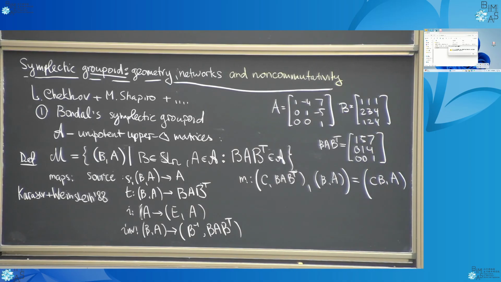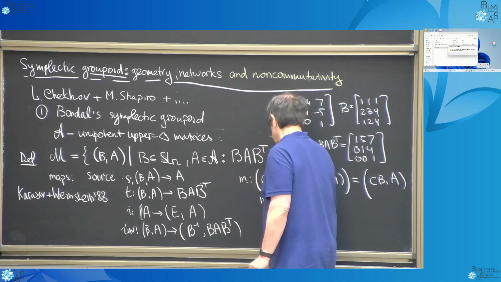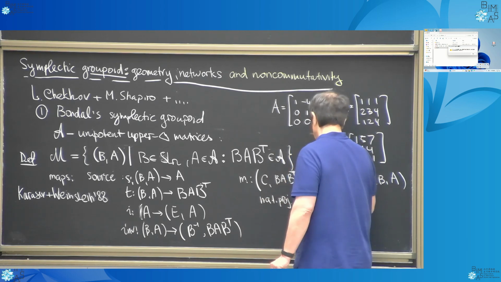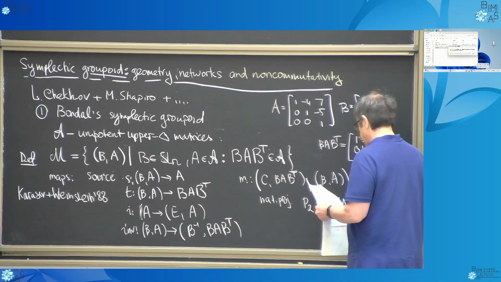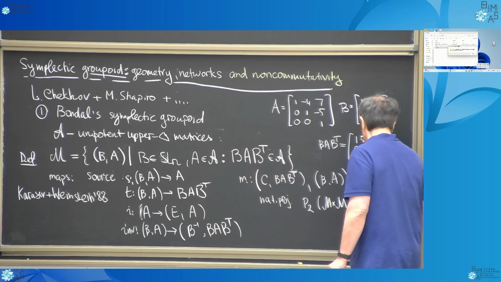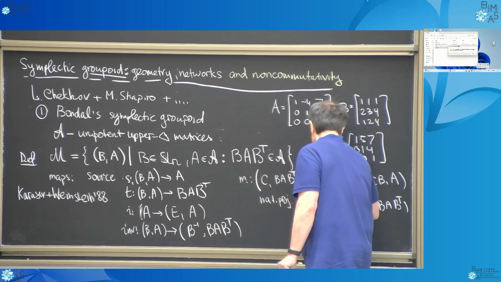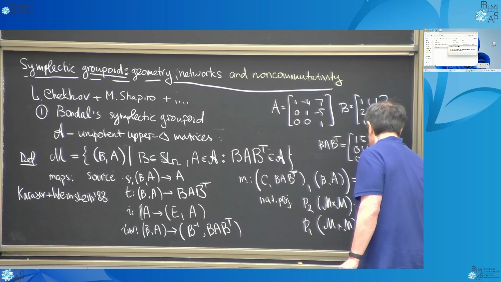Because it's more or less clear, we also have natural projections from this product of two compatible pairs. One is the projection to the first component. Another projection is to the second component. So it's just BA.